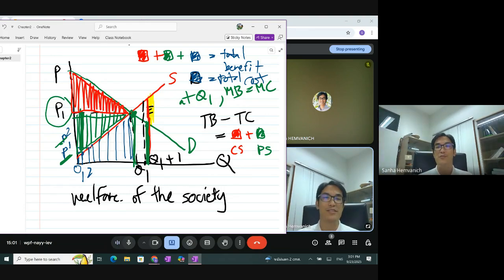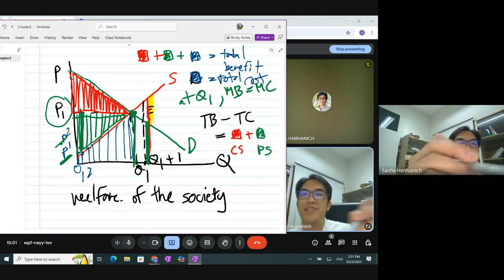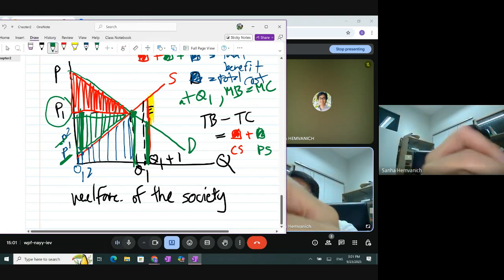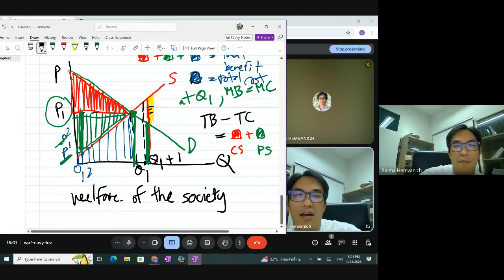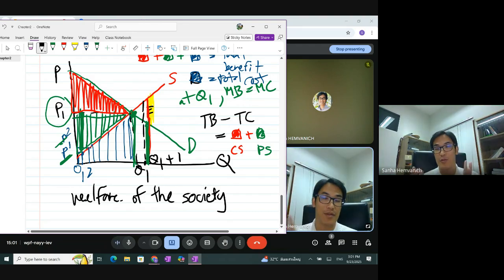So if you would like to maximize the total benefit of the society, you will not do this. The difference between total benefit and total cost is the surplus, right? But if we choose to produce more, the last unit, Q1 plus 1, now has a higher cost than the benefit.